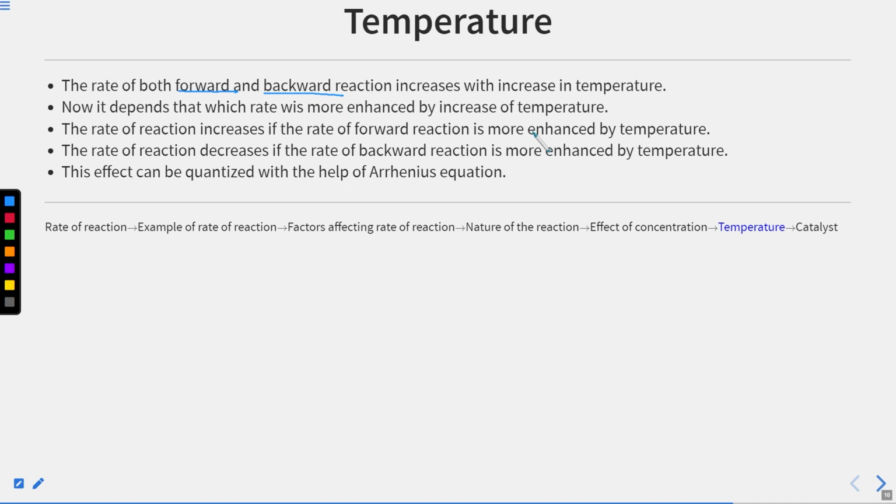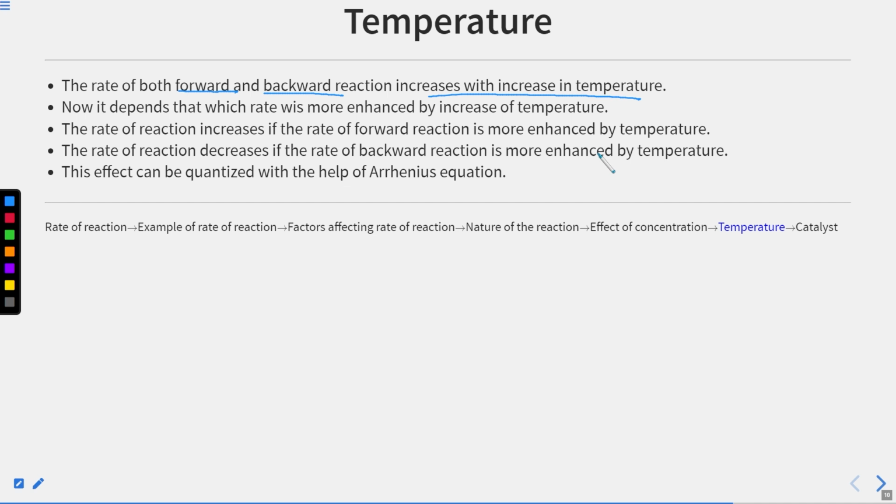I'm saying it for a reversible reaction. So if we have a reversible reaction and we increase the temperature, the rate of both forward and backward reaction increases with increase in temperature. So this point should be very clear. Students often get confused that since we are increasing the temperature, that would result in an increased rate. Yes, that would result in an increased rate, but both for forward and backward.